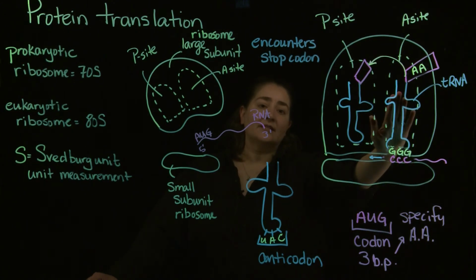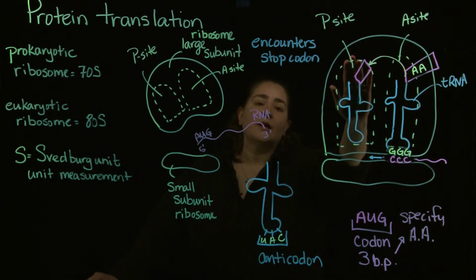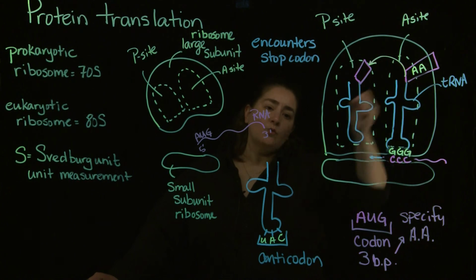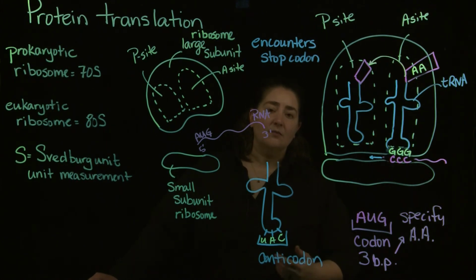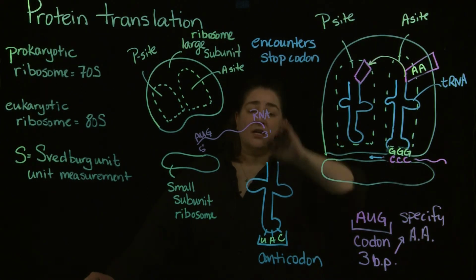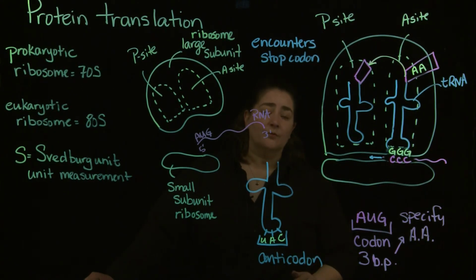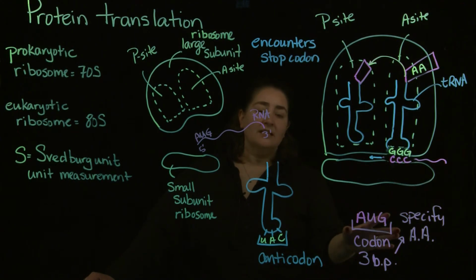A tRNA sits in, but it doesn't have an amino acid attached to it. That signals to the ribosome that it needs to let go of that protein chain because the protein synthesis is complete. All right? So in terms of that, stop codons are going to be important for ending the process. The AUG is your start codon. That's going to tell you where to start the process.